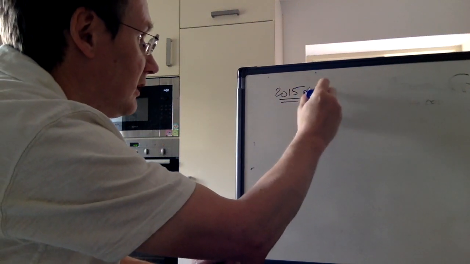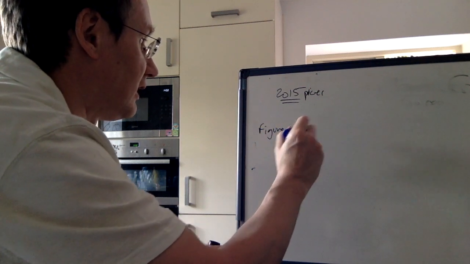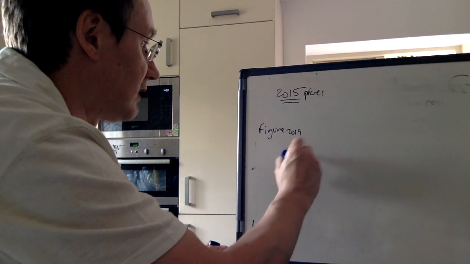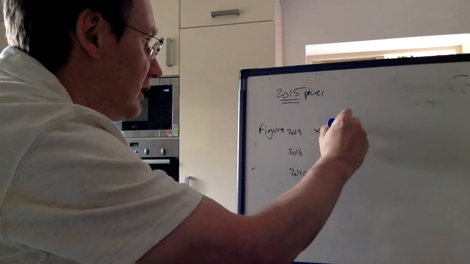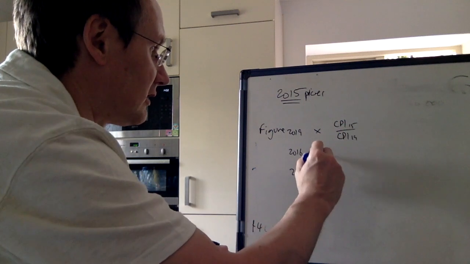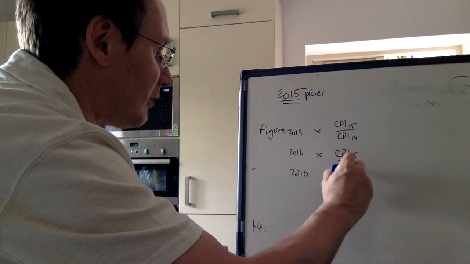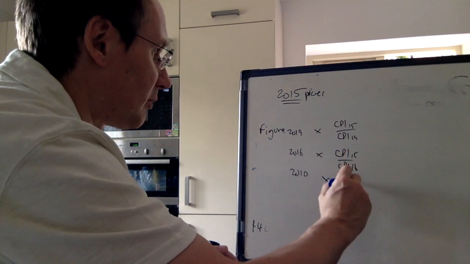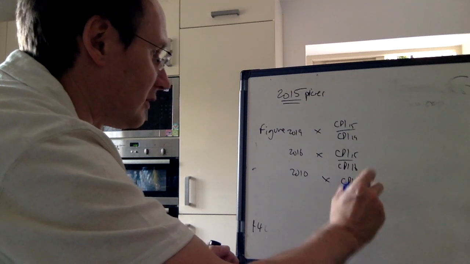Then we take the figure in whatever year it is, 2019, 2016 or 2010, and multiply by the CPI in 2015, and divide by the CPI in 2019, or 2016, or 2010.